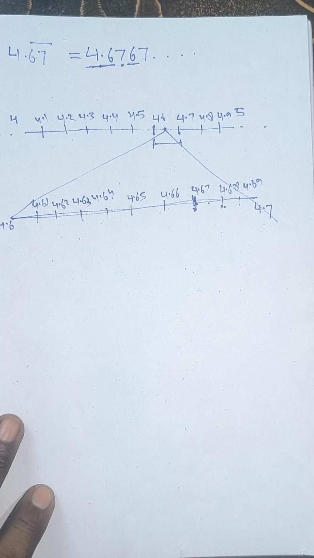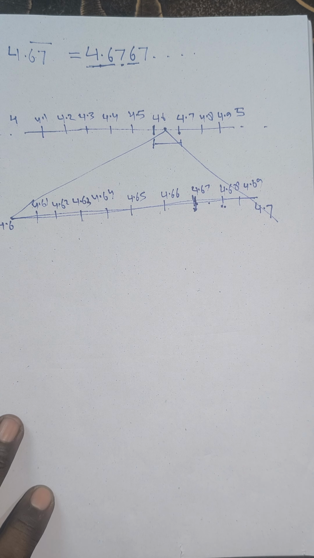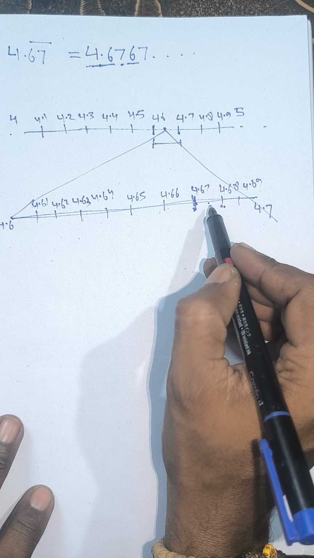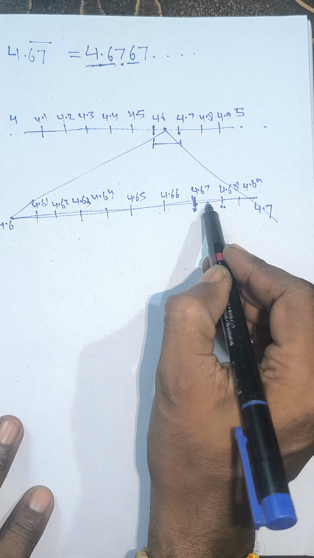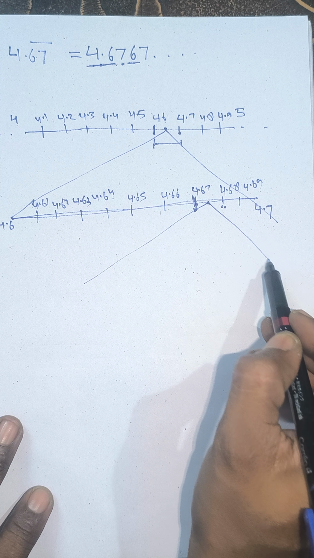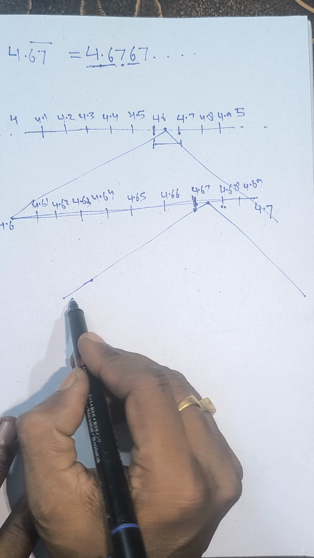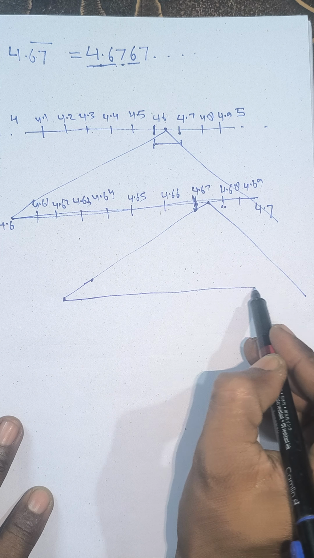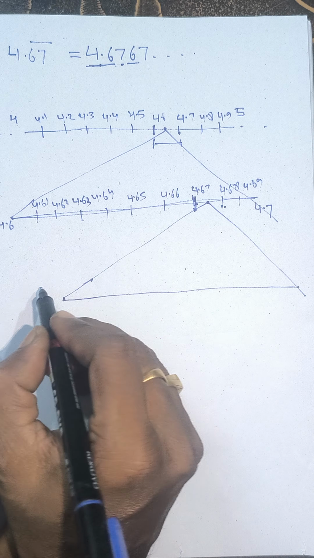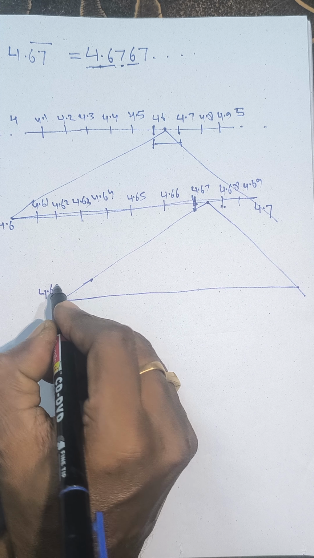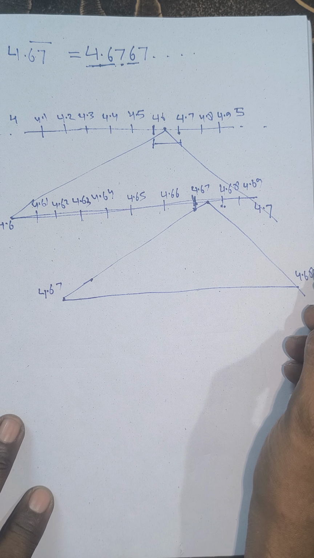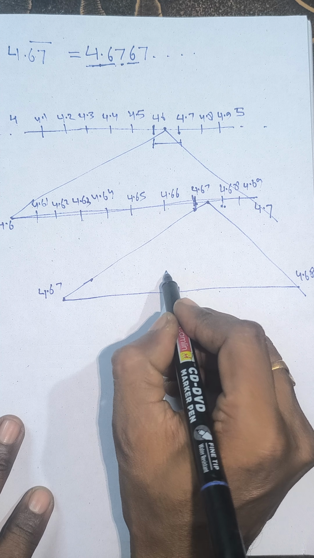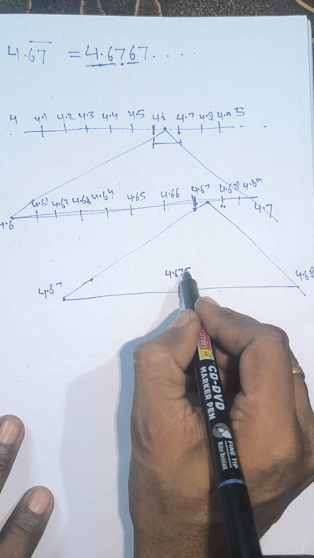So we will zoom again. It will lie between 4.67 and 4.68. So we will zoom again, right? This is again a number line. This is 4.67 and this is 4.68. In between we will have 4.675, right?